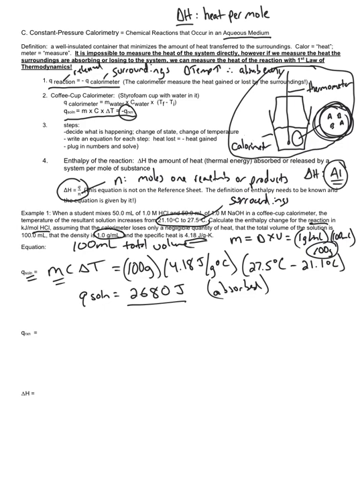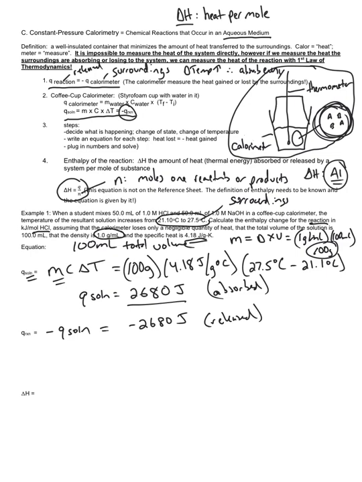So what does it tell me about the reaction? Well, remember, the reaction is equal but opposite the surroundings, the solution. So the reaction is negative 2,680 joules, because the reaction released 2,680 joules of energy to the surroundings.